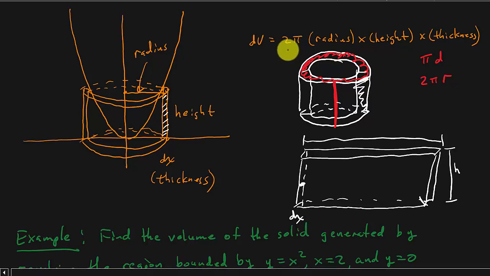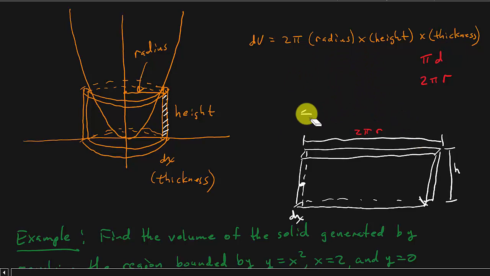The 2 pi times the radius, that's this, 2 pi r. And then times the height here, and then times the thickness. That's what you're doing. So it's like you're finding the volume of a rectangular solid. All right. And so when you draw this thing, let me show you.